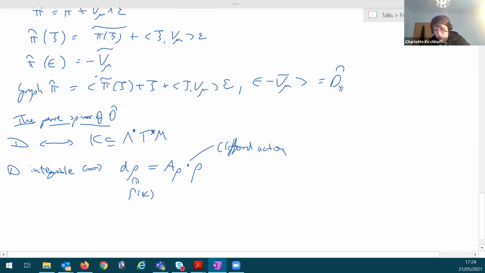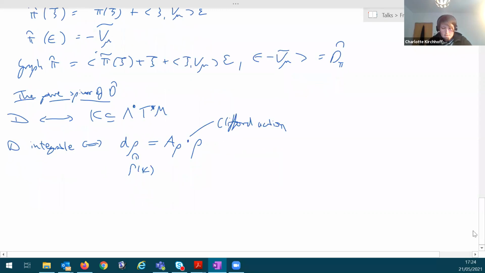I'm sorry if anyone has not seen this, then this is probably too fast. So this section A rho is not unique. This is some section of TM plus T star M. We can choose it to be in F, which was the complement. But of course, really this is also a section of the dual of the Dirac structure.